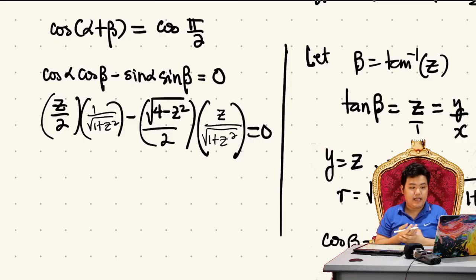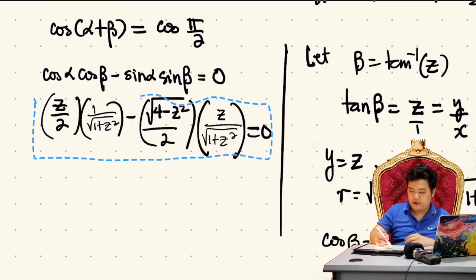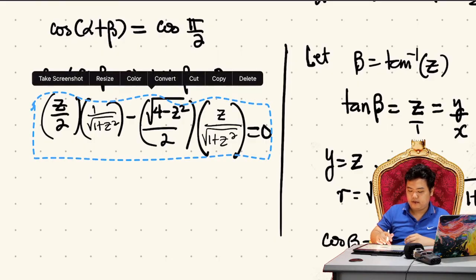Okay, so meron na tayong ganito. Okay, so medyo mahirap siya i-solve, although naalis na natin yung mga inverse trig functions. So, ikakopy ko lang to kasi kailangan natin ng space to solve this one.